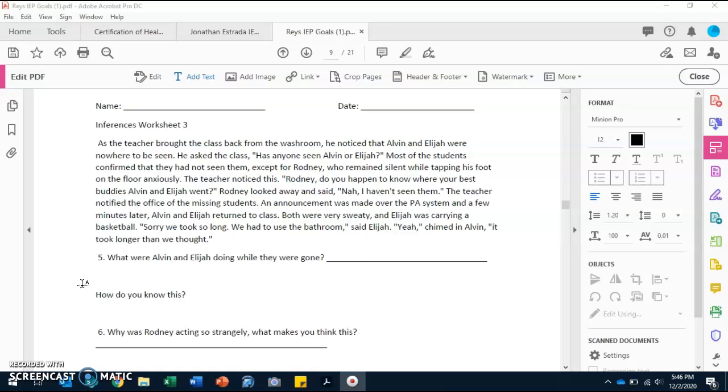So, just based on what we have read, we kind of give ourselves an idea where they were because of what they were holding or how they came back really sweaty. That is helping us predict where they were and what they were doing.